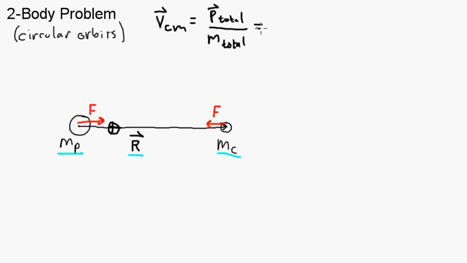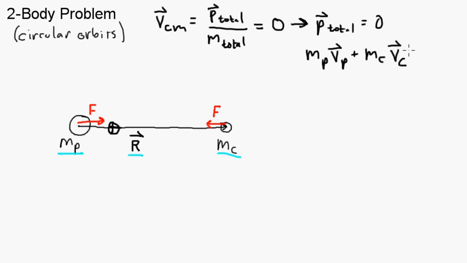And if the center of mass is not moving in our reference frame, that means the total momentum in that reference frame must be 0, right? So P total equals 0. And what that means is the mass of Pluto times Pluto's velocity plus the mass of Charon times Charon's velocity has to equal 0.